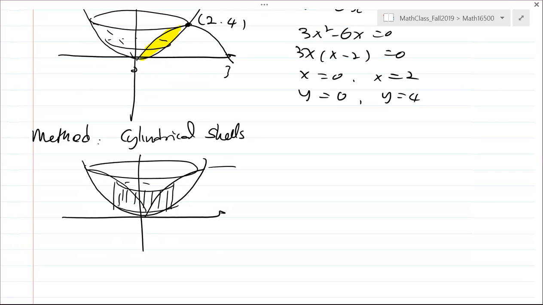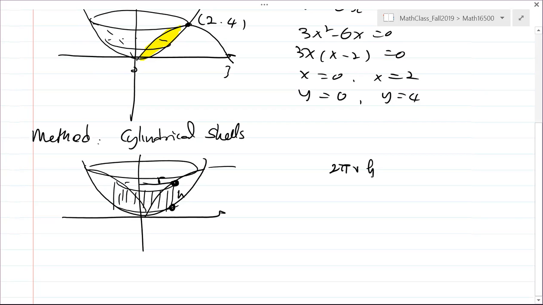So the parameter is actually, this is a point you're going to use, maybe another point. So here's a radius R. This is H. The area of the cross section is 2 pi R H.